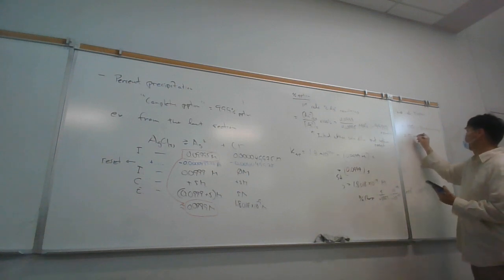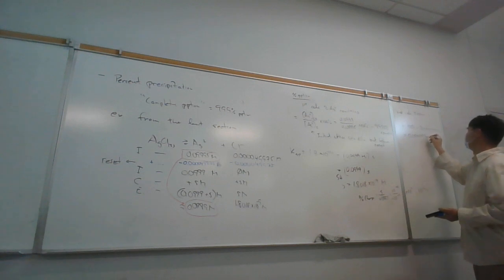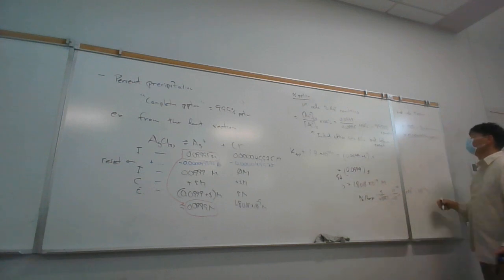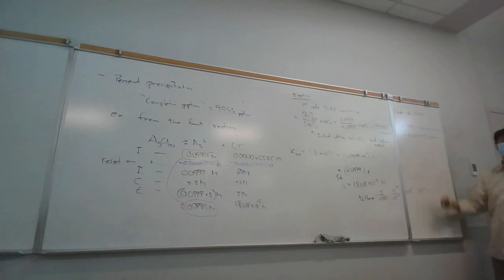And that's going to give us 0.050025% precipitation. We only precipitate out 0.05%. So one drop, we need a lot more than one drop to precipitate out.